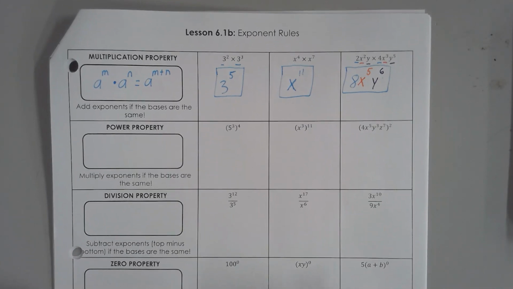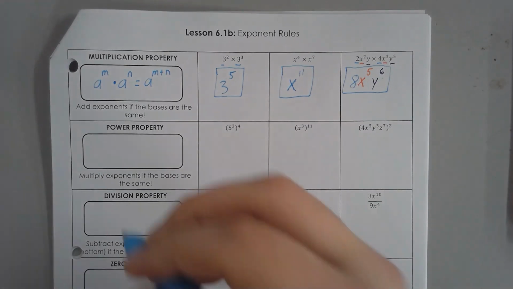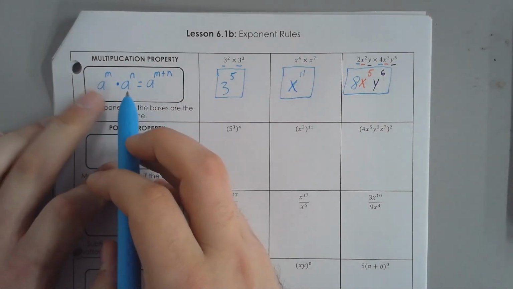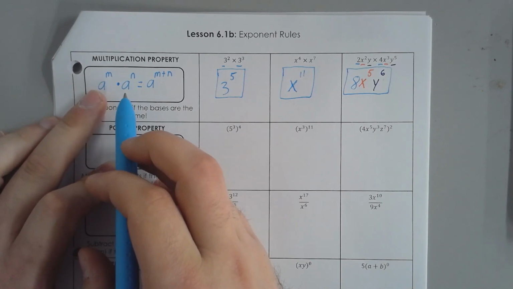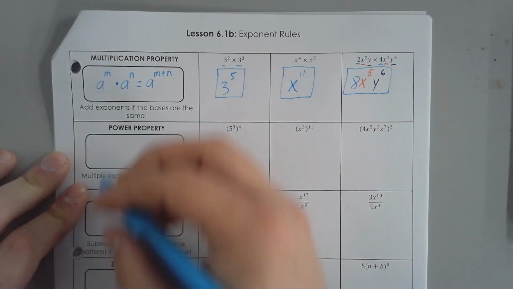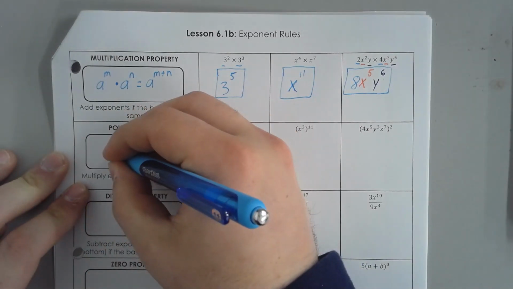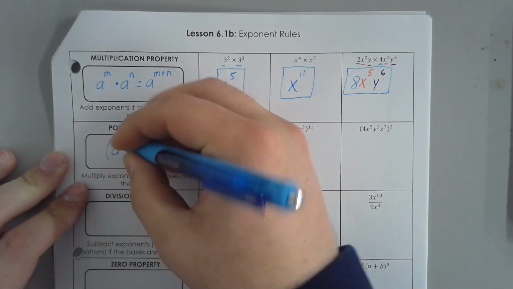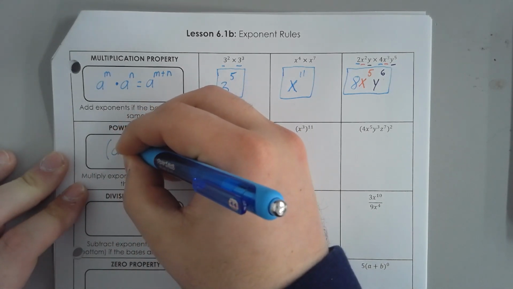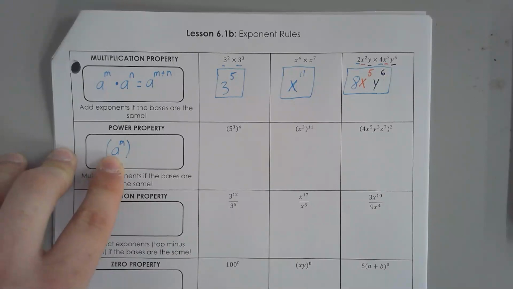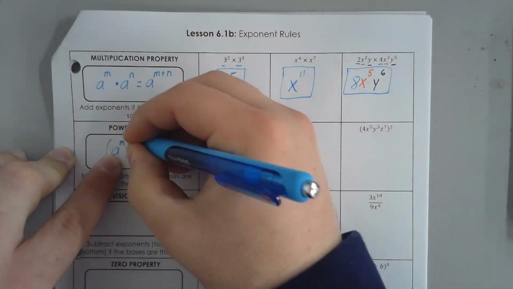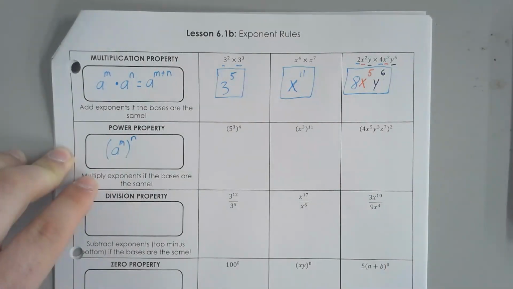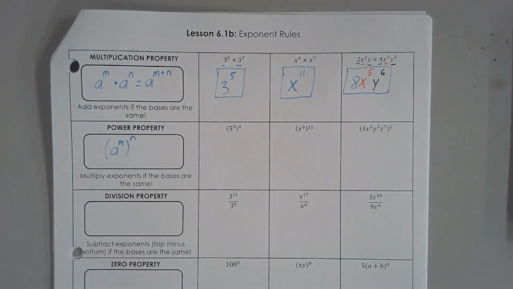It's called the power property. So up here we were talking about multiplying two numbers that have a common base, that have exponents. For this one, we're going to talk about a number that's raised to an exponent, that's raised to an exponent. It's kind of like a double exponent.